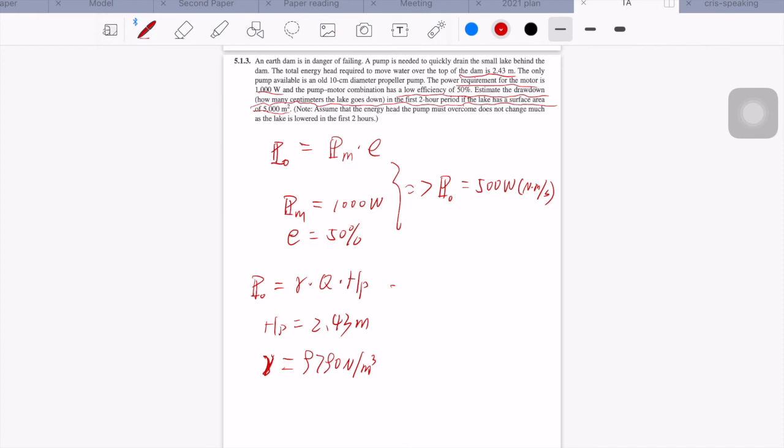Now, because we have calculated P0, we can determine Q. Q equals 0.0210 cubic meters per second.